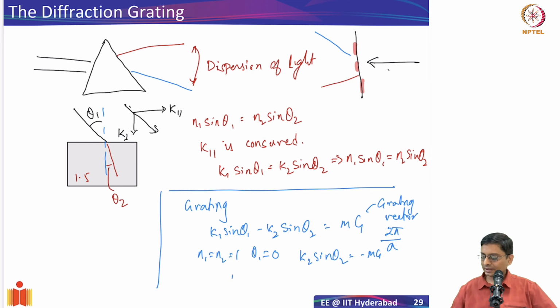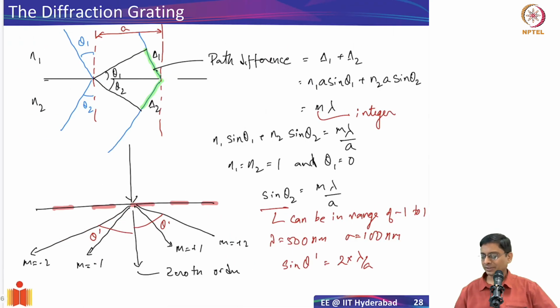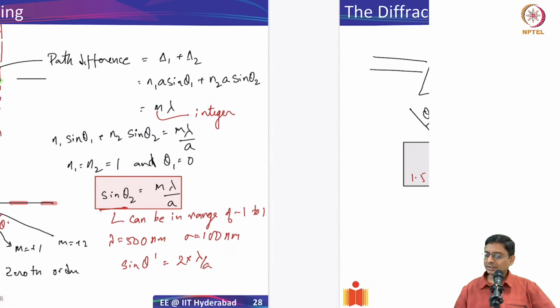So you'll see that sine θ2 is going to be minus some integer times λ by a. Precisely the same definition. There is a negative sign that comes in because of the way I defined it. But effectively, for a grating equation, we saw that this is what you get, wherein n1 equal to n2 and θ1 equal to 90 degrees. So you see the same thing comes.